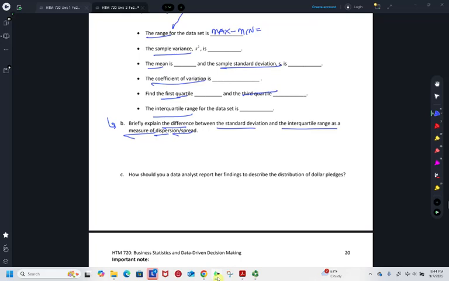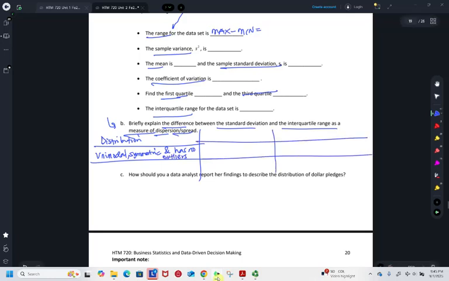Well, what I want to summarize here is depending on the distribution you have, if the distribution is unimodal, symmetric, and has no extreme outliers, for the measure of center, we should use the mean, and for the measure of spread, use the standard deviation.